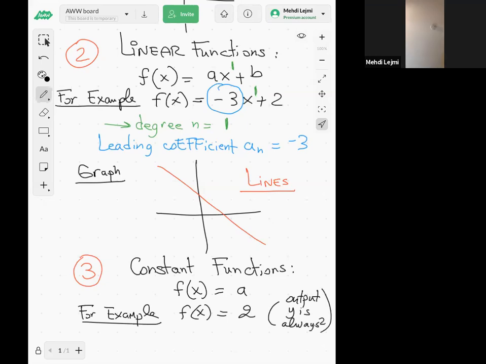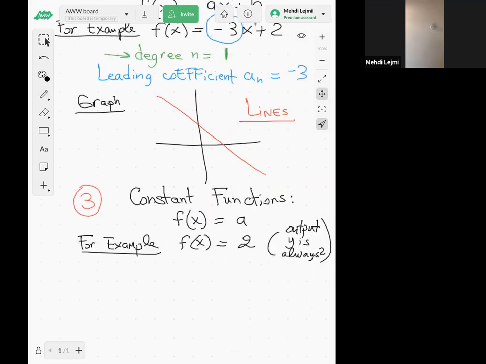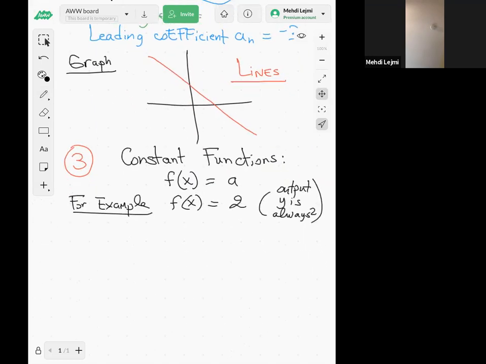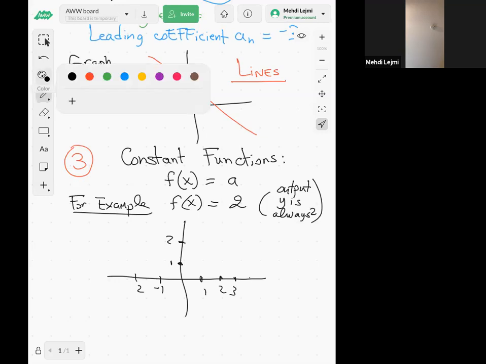Right? So how do we graph, for example, f of x equal to 2? Here's my graph. Let's say this is 1, this is 2, 3, -1, -2, etc. When you say the output f of x is equal to 2, it means that if you take any x, like x equal to 1, the output is 2. If x is 2, the output is 2.